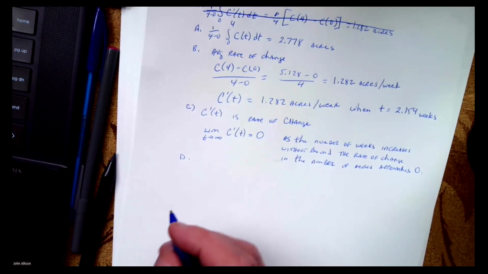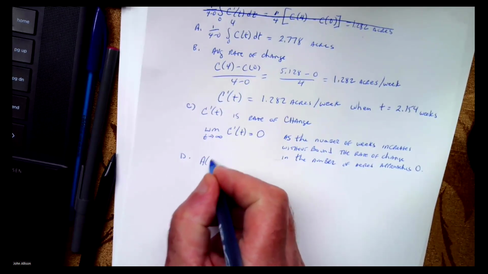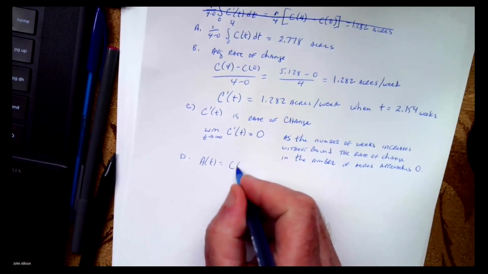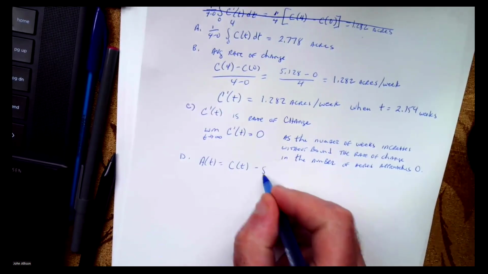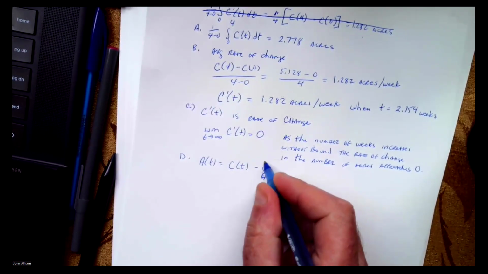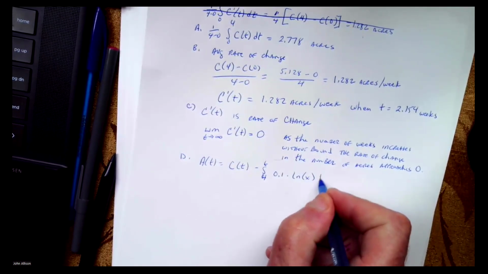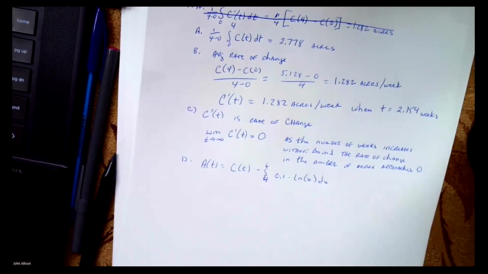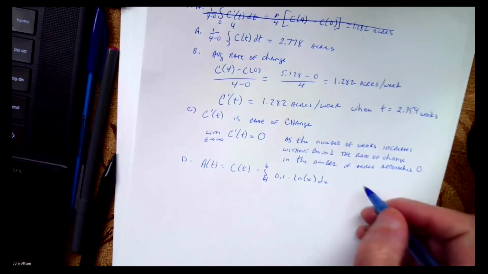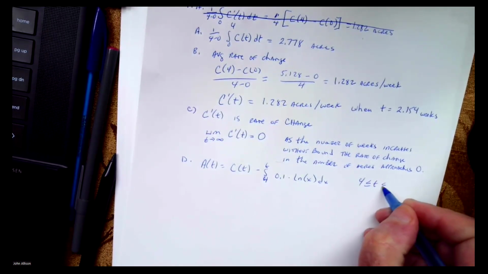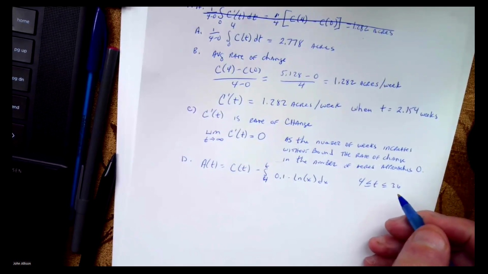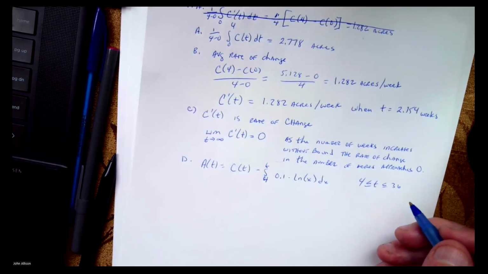A function defined by A of t equals C of t minus the integral from 4 to t of 0.1 times ln x dx models the number of acres affected by the species over the time interval 4 less than or equal to t less than or equal to 36. At what time t between 4 and 36 does A attain its maximum value?